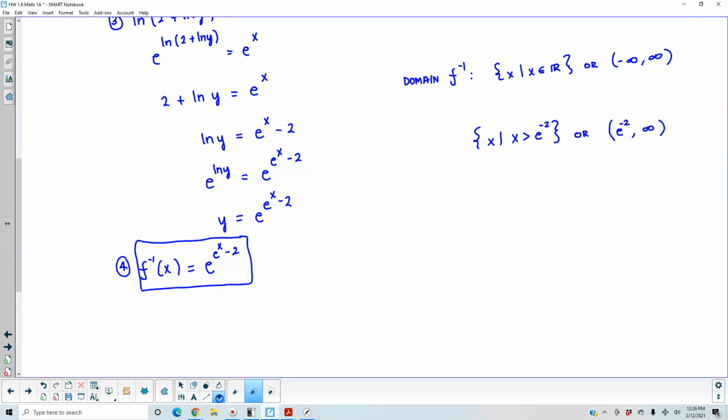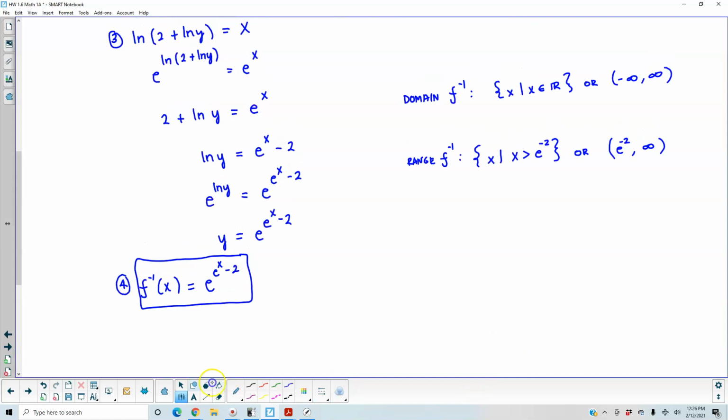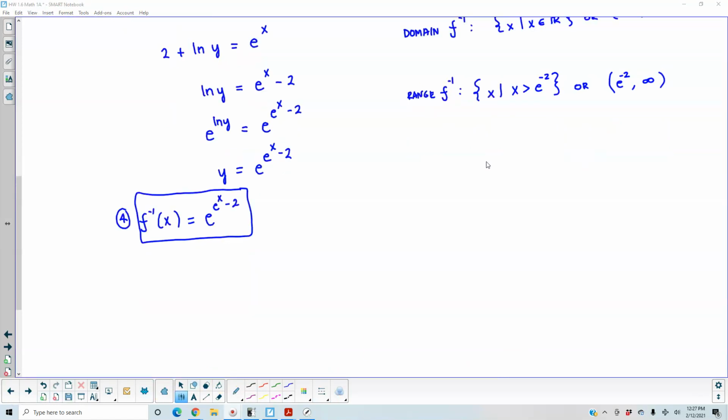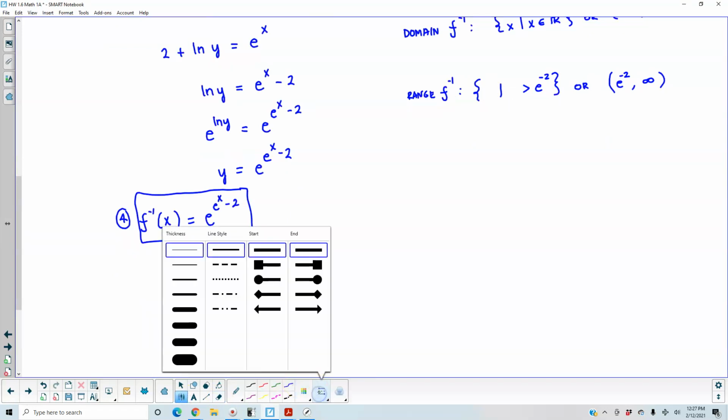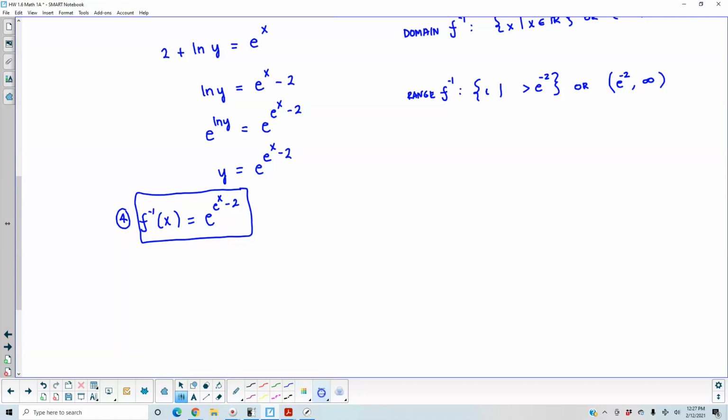And so this would be the range of f inverse. And so recall that the range then has to have the y. So it'd be y such that y is greater than e to the negative 2, or e to the negative 2 towards infinity.